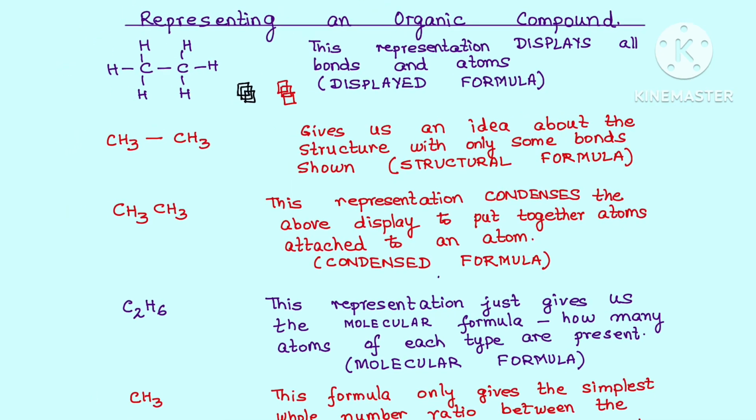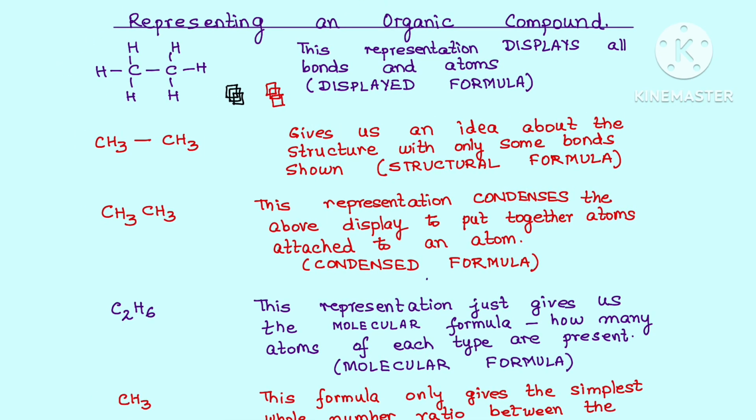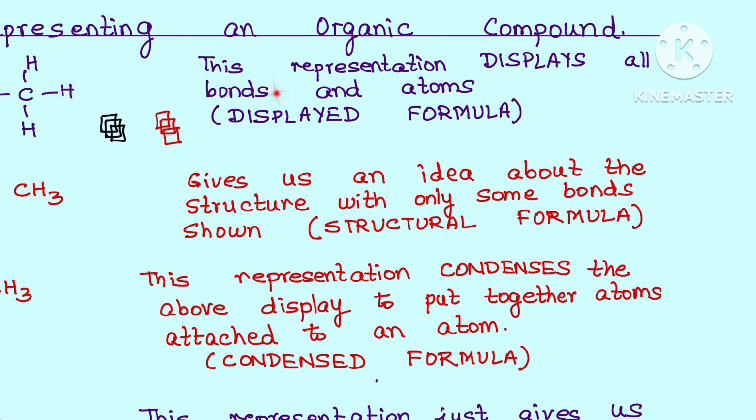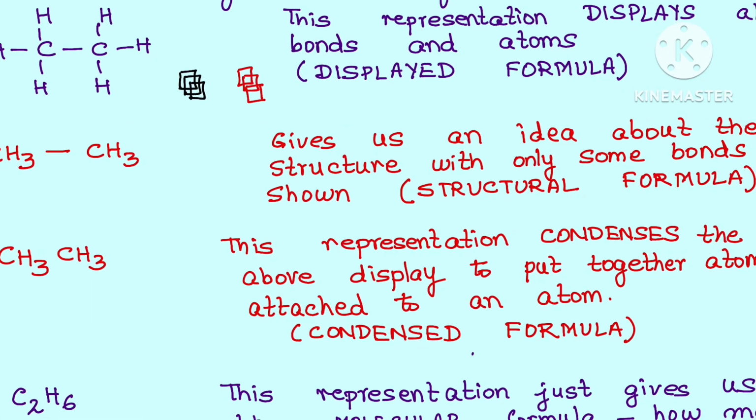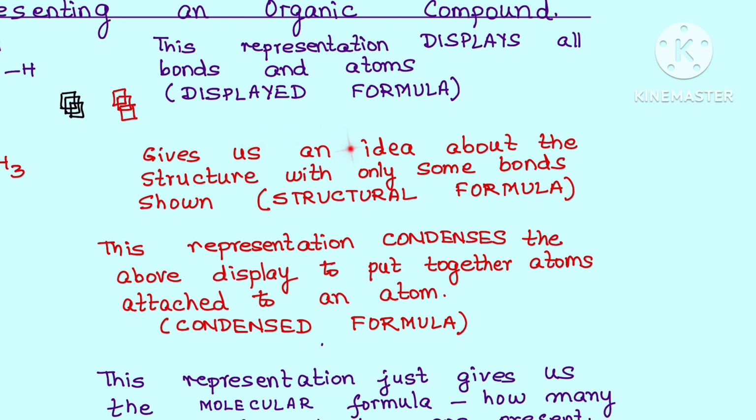Now I've tried to give you clues over here. The first one, this representation displays all the bonds and atoms, hence the name displayed formula. The second one, structural formula, gives us an idea about the structure with only some bonds shown.